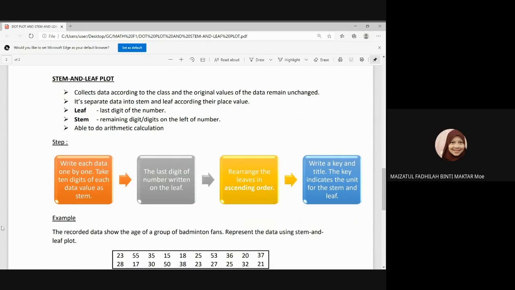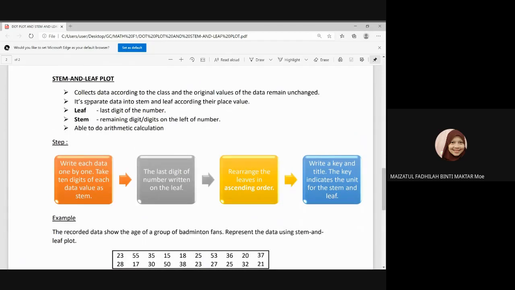bit confusing, right? Why is it done this way? Why did it happen like that? But this is what we learn and need to do. Usually we can identify the lowest data and the highest number from this graphic representation.